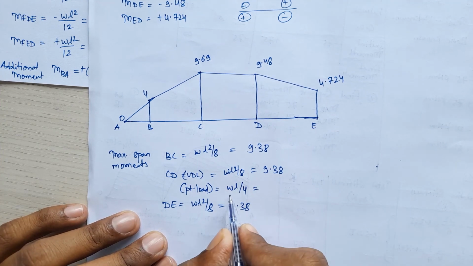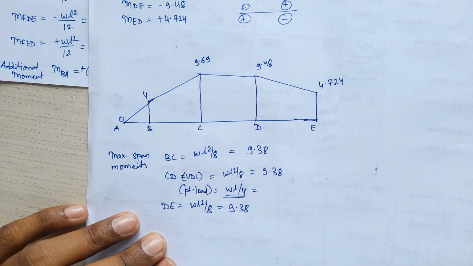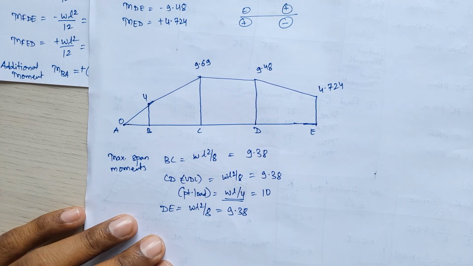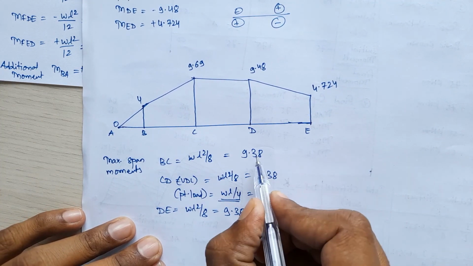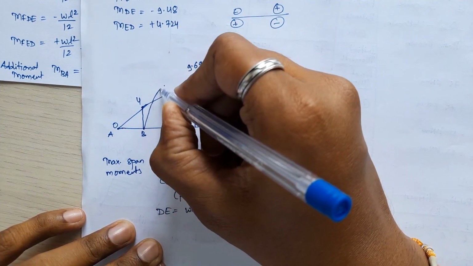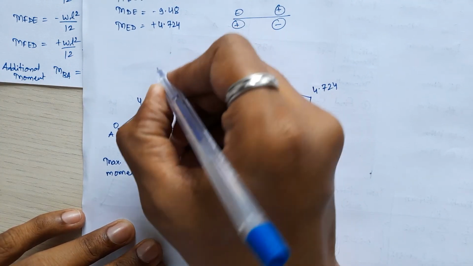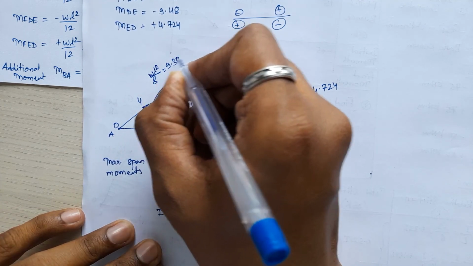Just here the point load will get changed. The point load is given as equal to 8. 8 into 5 divided by 4, I get that as 10. Okay, so I'll plot these moments. In portion BC you are having UDL, so it will follow a parabolic path, 9.38. WL square by 8, that is 9.38.